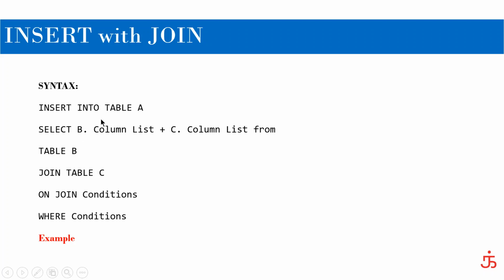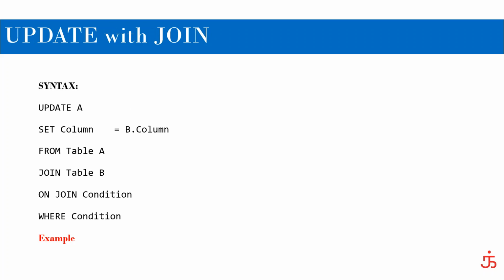So this is how we will be using the join in a select statement to insert data into the target table. And in case of update, we will be joining two tables based on a join condition. Everything is the same except that the update statement has to specify the target table, which table's data we are going to modify.